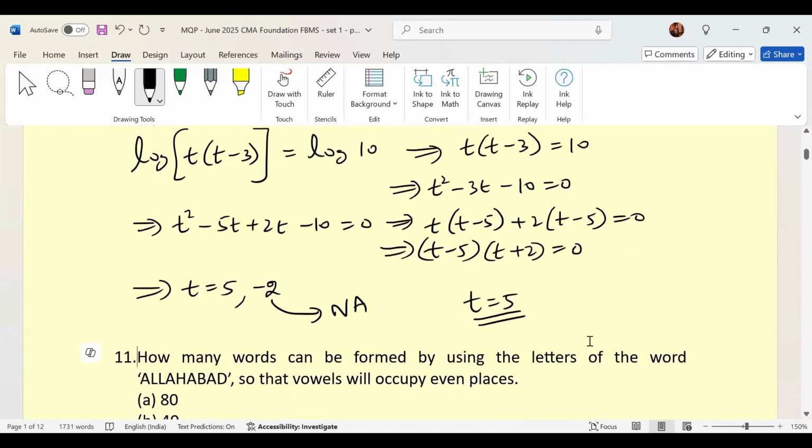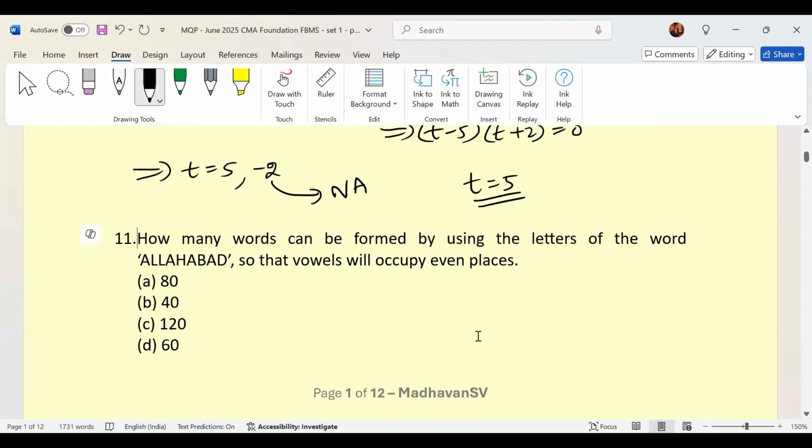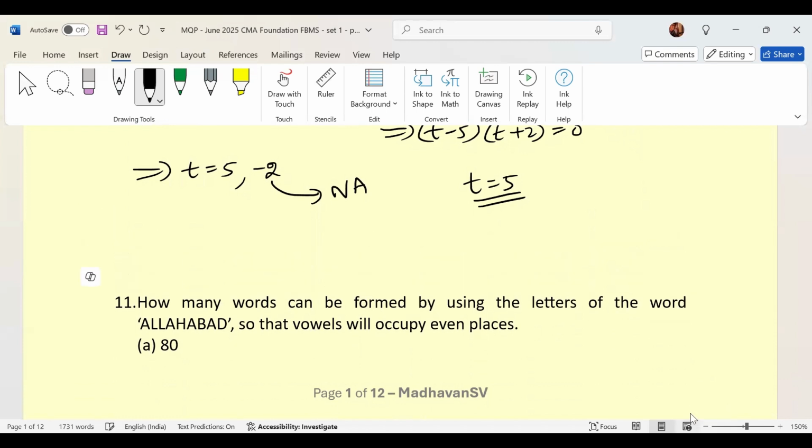How many words can be formed by using the letters of the word Allahabad so that the vowels will occupy even places? I will shift this to the next page.